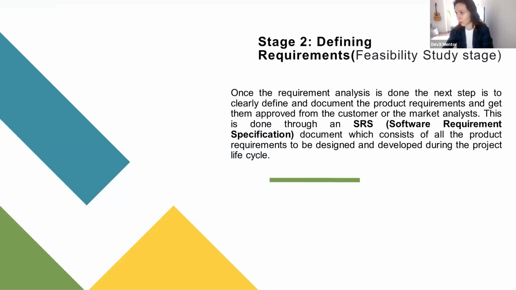Like we all know about it, we learned and saw some software requirement specifications, same as BRS, but a more technical document. It's a document which consists of all product requirements to be designed and developed during the product lifecycle.